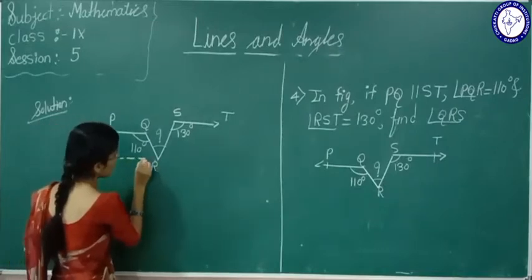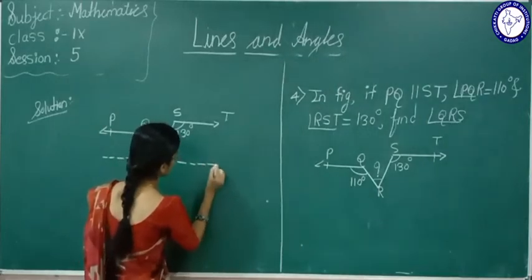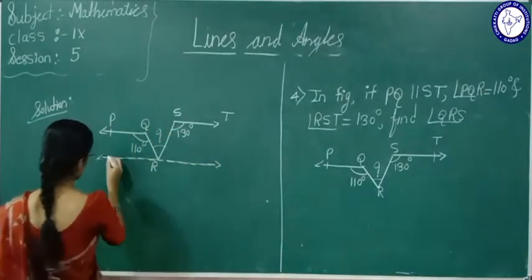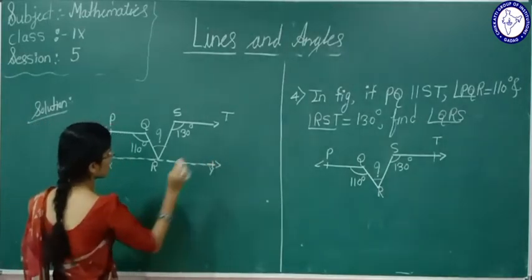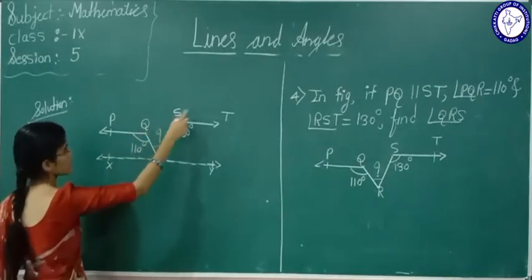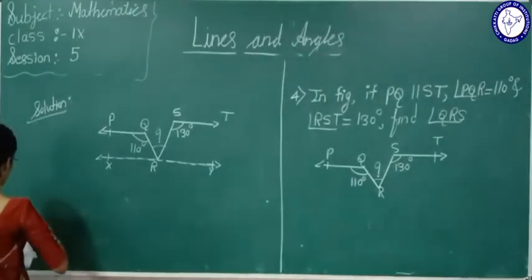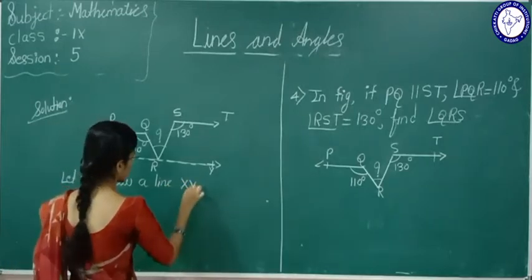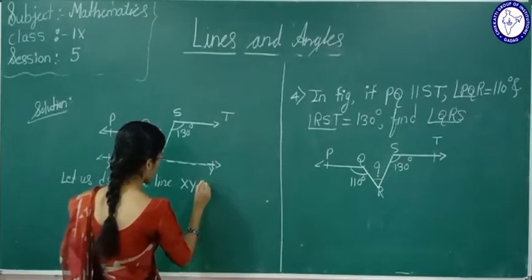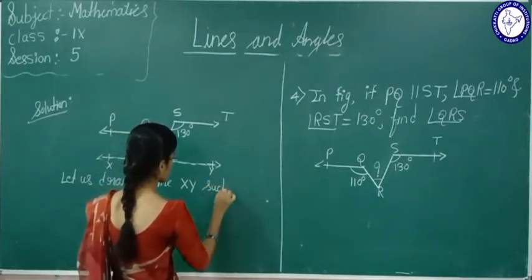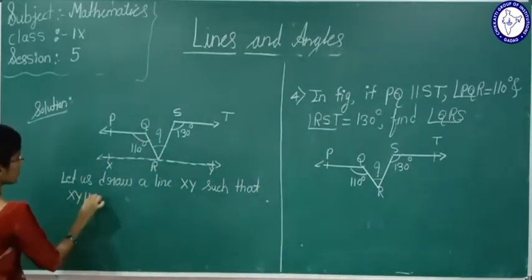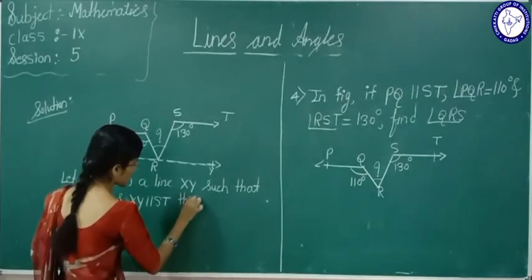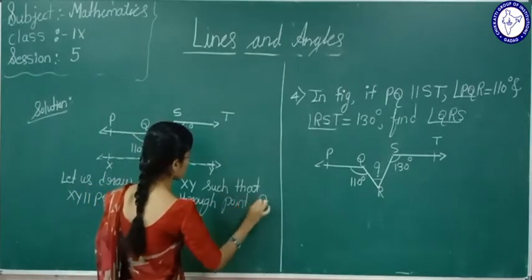We will draw a line parallel to PQ and ST. We draw a line XY parallel to PQ and ST. Let us write here: let us draw a line XY such that XY is parallel to PQ and XY is parallel to ST through point R. We have drawn it already.